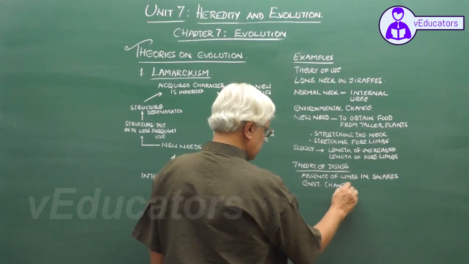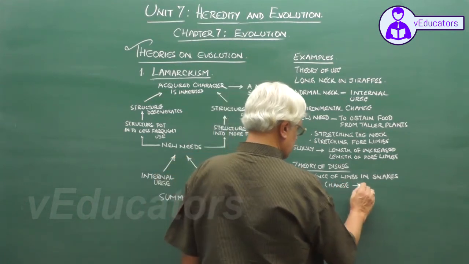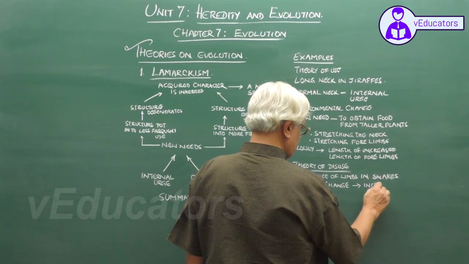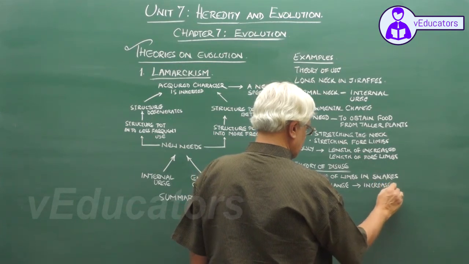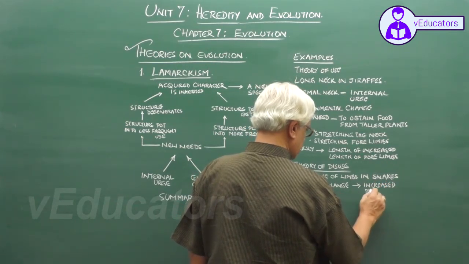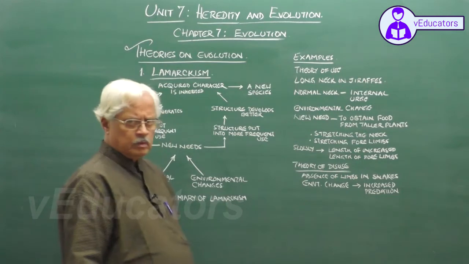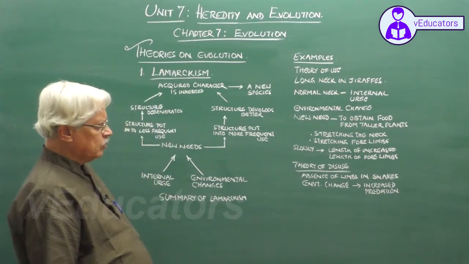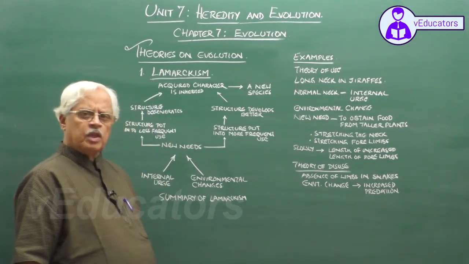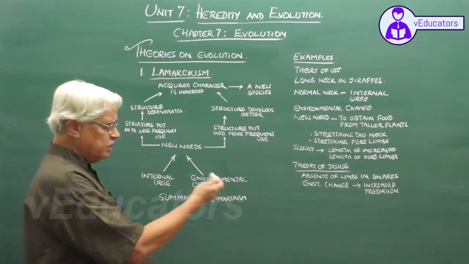This internal urge was supported by an environmental change. What was the environmental change here? Increased predation. Snakes were being caught by several birds, so they had to escape from their predators.